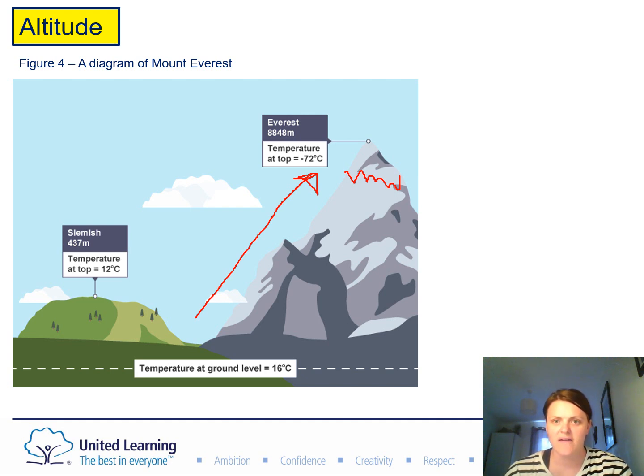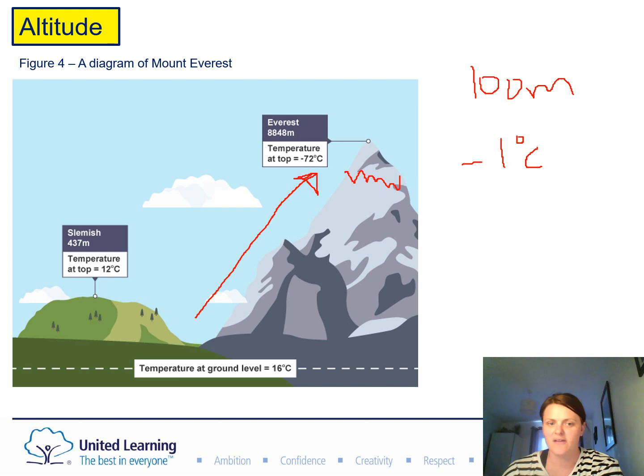There's a rule that every 100 meters you go up, the temperature goes down by 1 degree. It doesn't sound like much, but if you look at Everest, by the time you get to the top, the temperature is minus 72 degrees. That is because Everest is over 8,800 meters high.